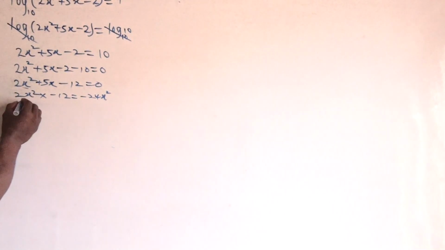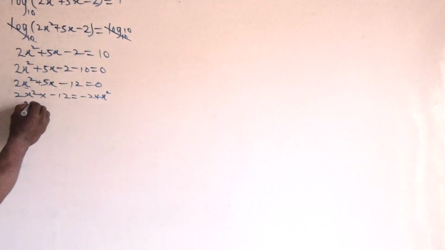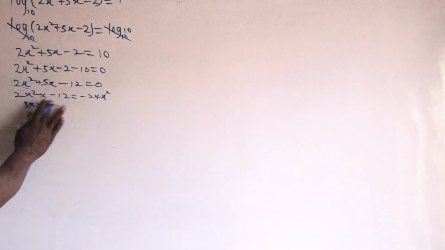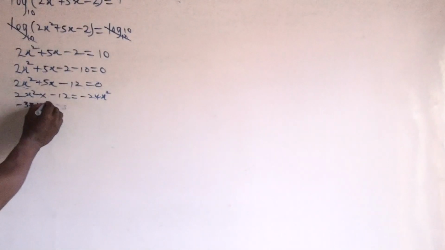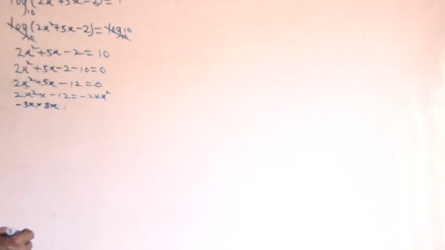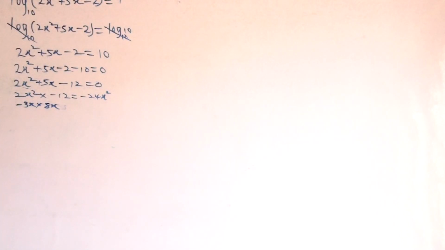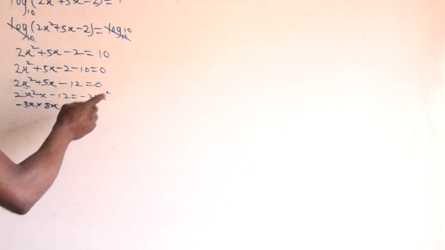Let's try 3. 3x times minus 8x. Okay, let's say minus 3x times 8x. All these are factors of minus 24x squared. So minus 3x times 8x will give us minus 24x squared.